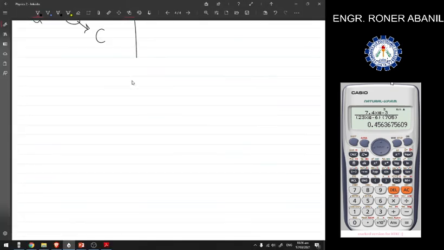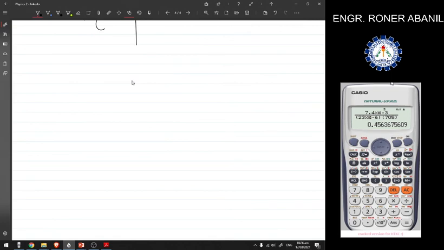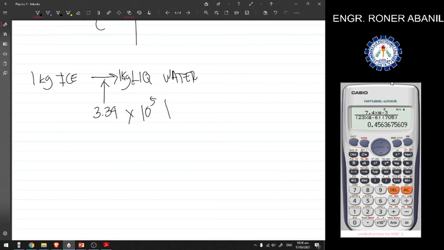So, para makapagtunaw tayo ng 1 kilogram ng ice para maging liquid na water, tandaan na 1 kilogram din to, yung heat na ipapasok natin dito is 3.34 times 10 raised to 5 joules.